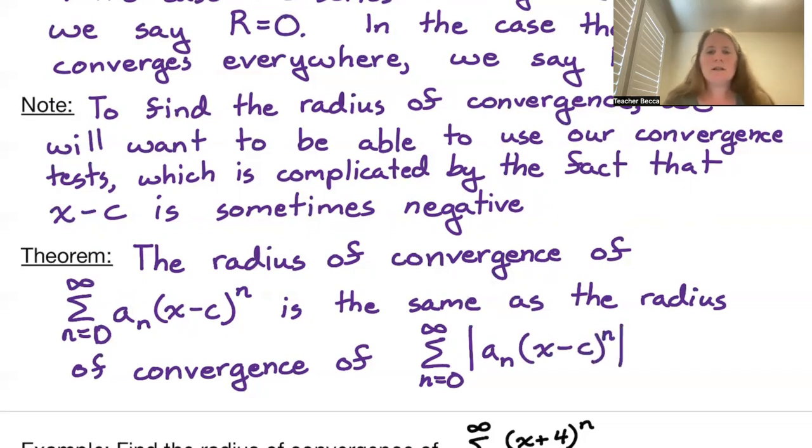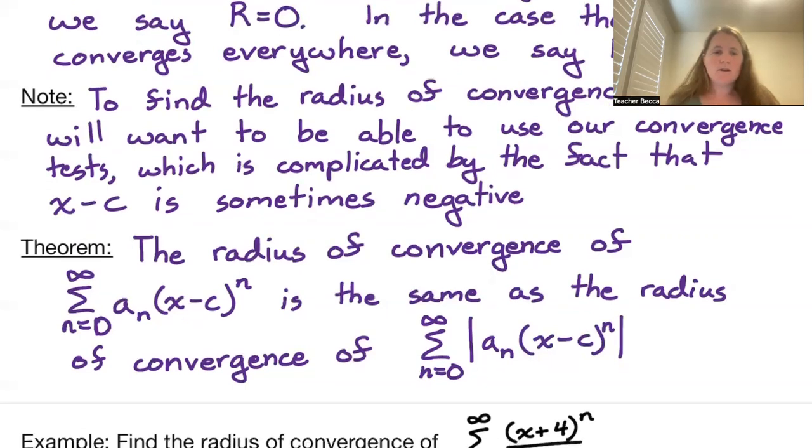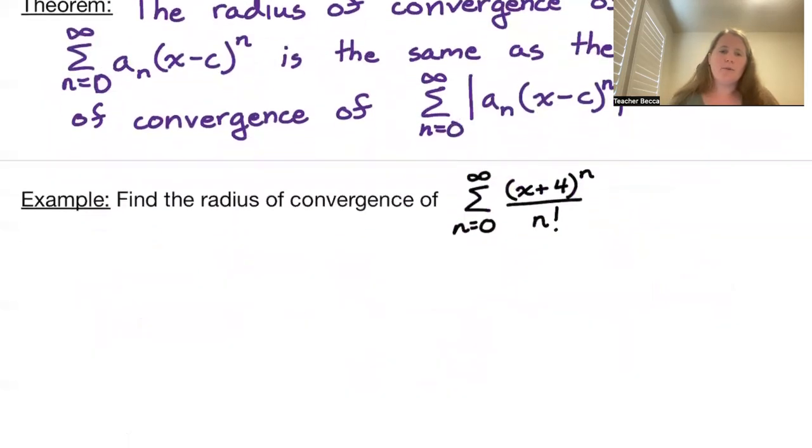So essentially, we can just look at absolute convergence. We can take the positive version of our series and find the radius of convergence from that, and it will be the same as the original series. So this will allow us to apply all of those various tests that required our a sub n's to be positive.